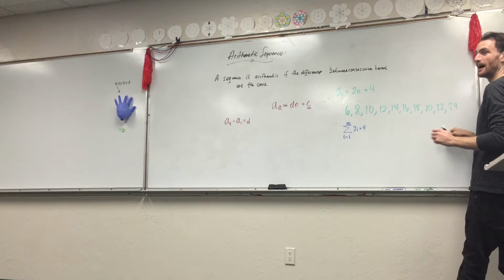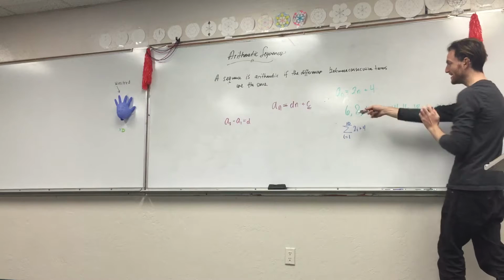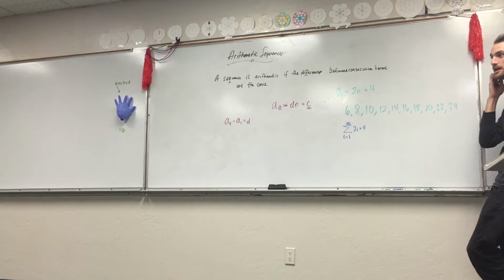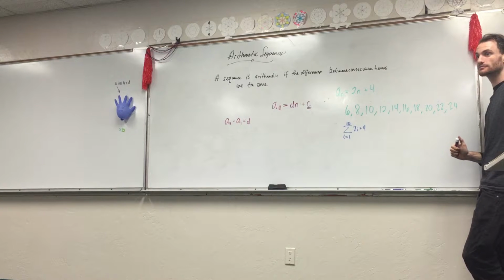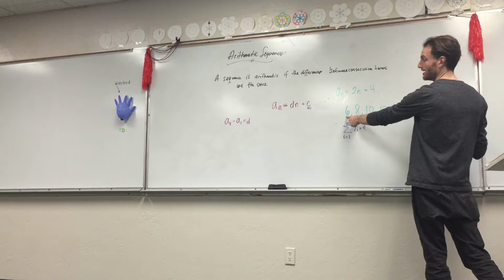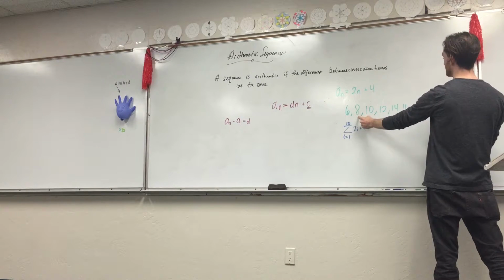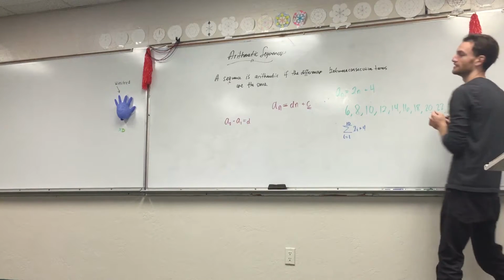I want to figure out something secret and hidden in this list of numbers that is going to allow me to add them up without adding them all up. Look specifically at the first and the last number, and then the second and the second to last number, and so on.